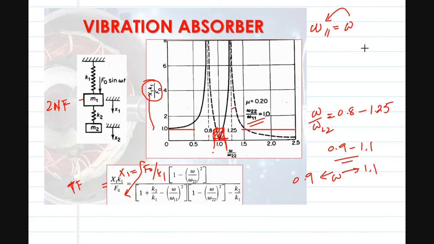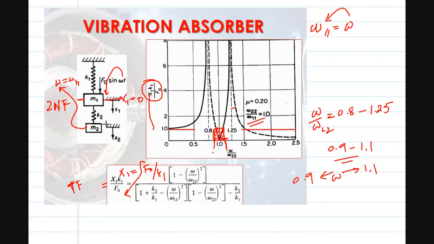Then you add, I'll just explain again. Let's say we have no vibration absorber, and the omega is acting in such a way that this system K1 is resonating, equal to omega n. So we add a second spring and mass tuned in such a way that its frequency equals omega, and in that certain application x1 goes to 0.